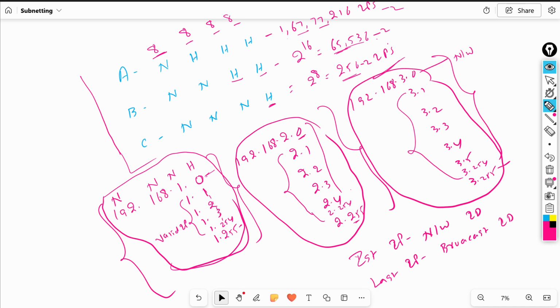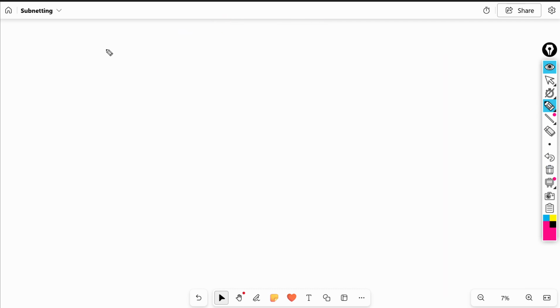Okay. The next thing is we need to understand the subnet mask. For class A, the default subnet mask is 255.0.0.0. For class B, the default subnet mask is 255.255.0.0. For class C, the default subnet mask is 255.255.255.0. These are the default subnet masks.